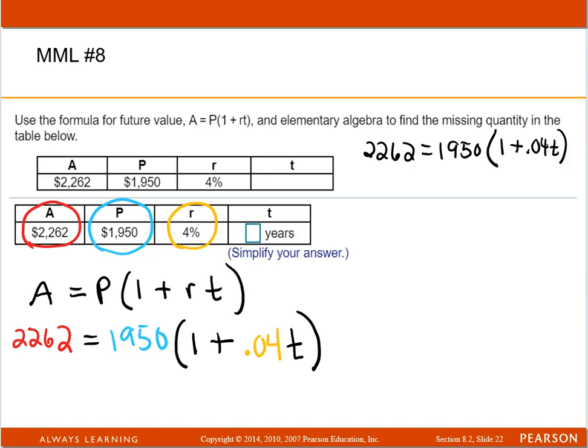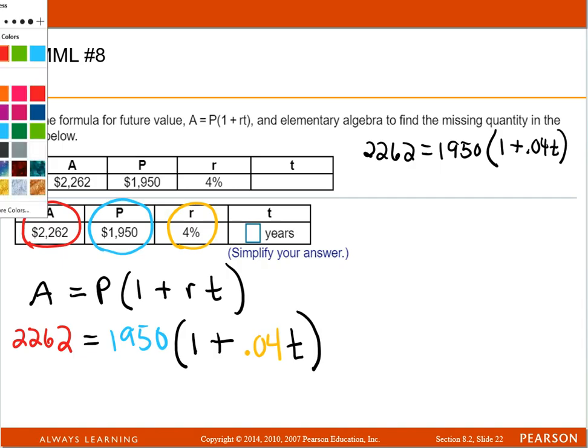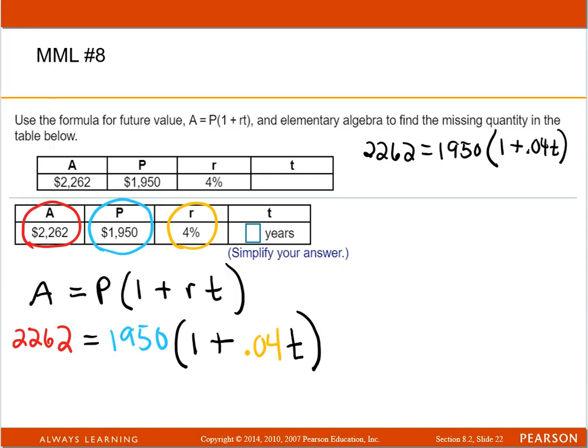The other way to get rid of parentheses is to use the distributive property. And the distributive property, if I can get my pen to work, here we go, is here's your parentheses.